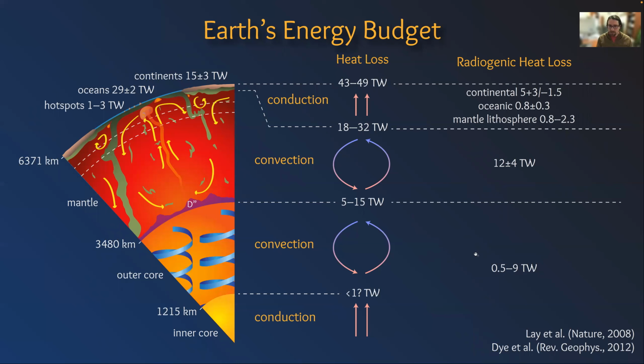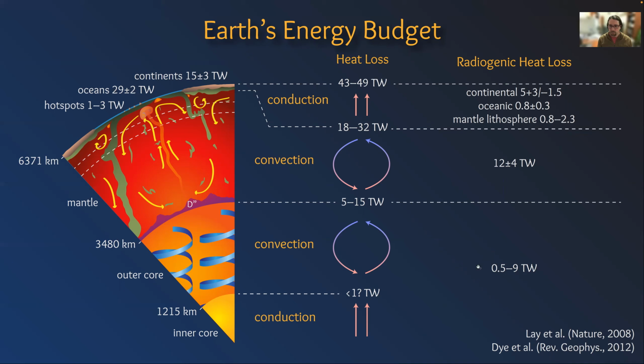Now, not all of that heat is lost from just the primordial heat of the Earth, so that initial heating the Earth began with. There's also a considerable component that's resulting from radioactivity, which varies quite wildly. I would say that our estimates of radiogenic heat production within the Earth are actually quite poor.